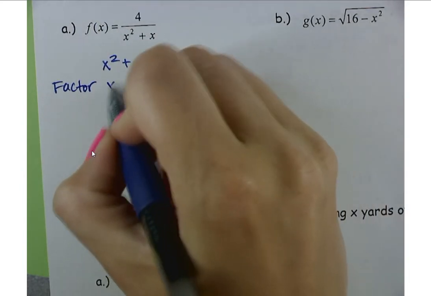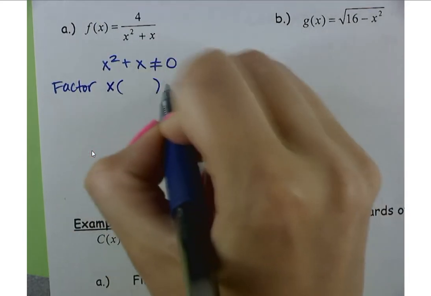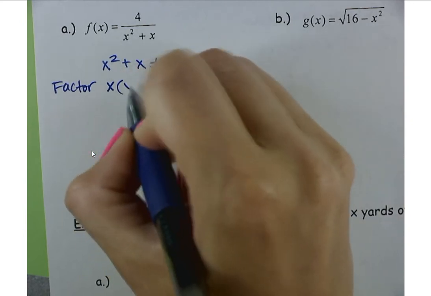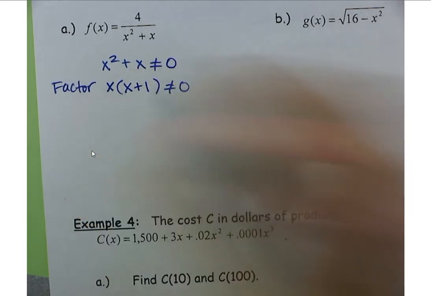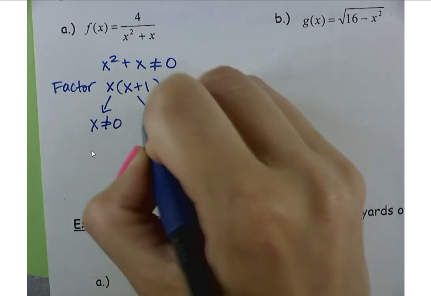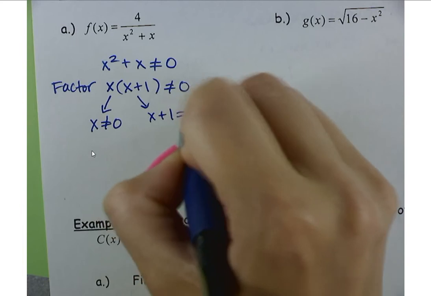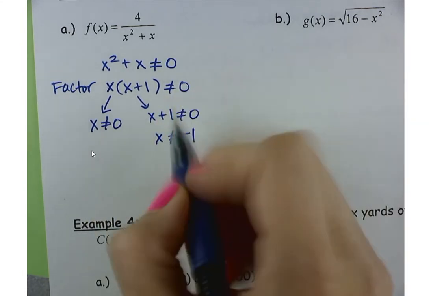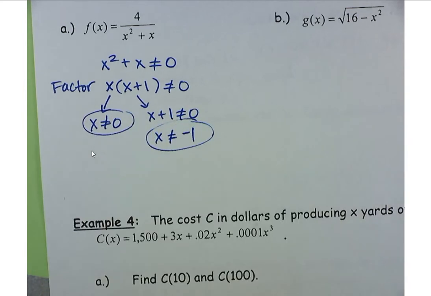And I can factor out the x, because that's my GCF. So if I factor out the x, x squared divided by x is x, and x divided by itself is 1. Then I know that either x can't be 0, or x plus 1 can't be 0. And if I solve that, I'll know that x cannot be negative 1 or x can't be 0.